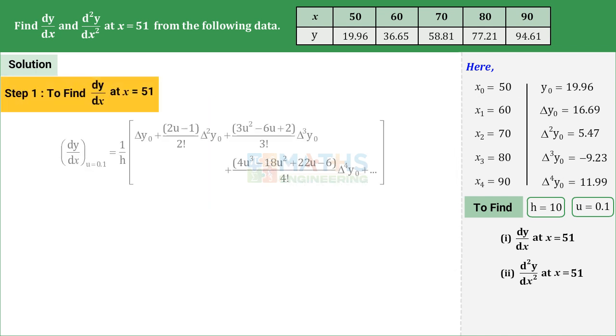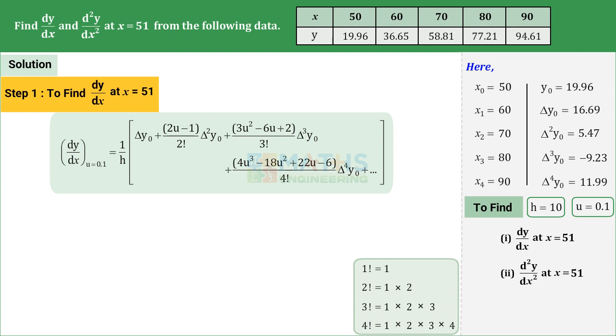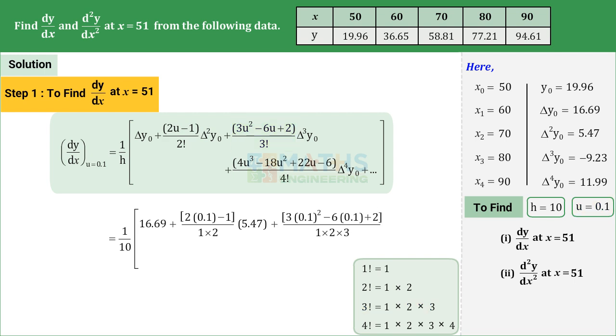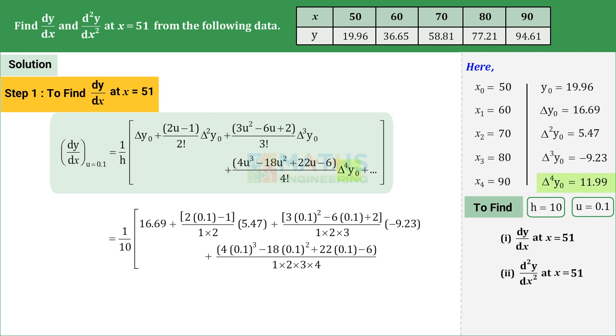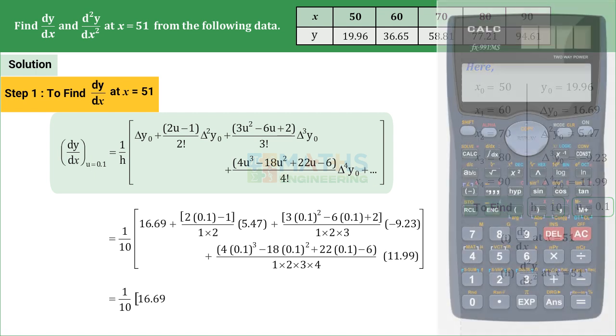Take the first derivative formula. Dy by dx is equal to 1 by h. Substitute h value and del y0, del square y0, del cube y0, del power 4 y0 and u values. Substitute carefully. We simplify this by using our calculator.